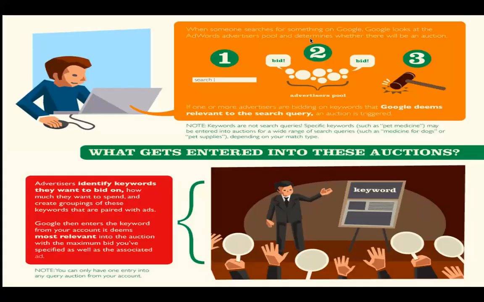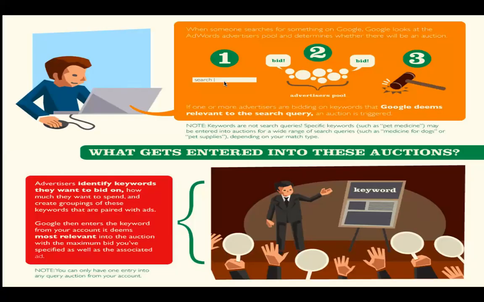Those are called AdWords. Now, the AdWords advertisers pool determines whether there will be an auction. Hope you know the meaning of auction. If you don't know, go on Google and search about it.